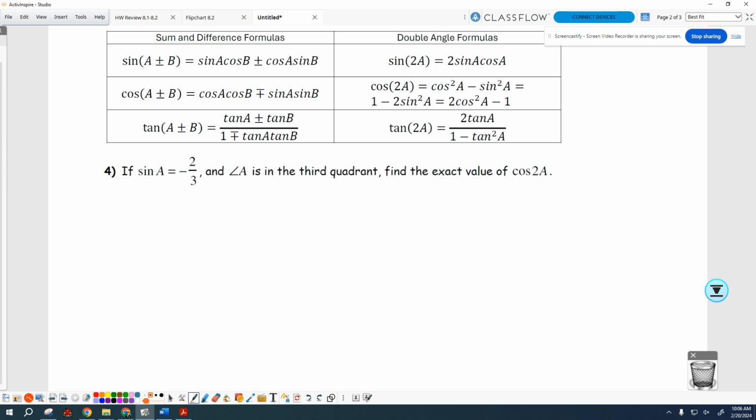So can someone draw the triangle? Yeah, Fernando, okay. You want me to do the math too?